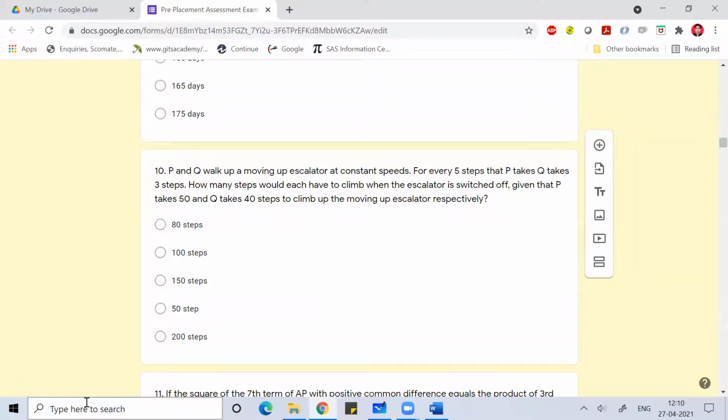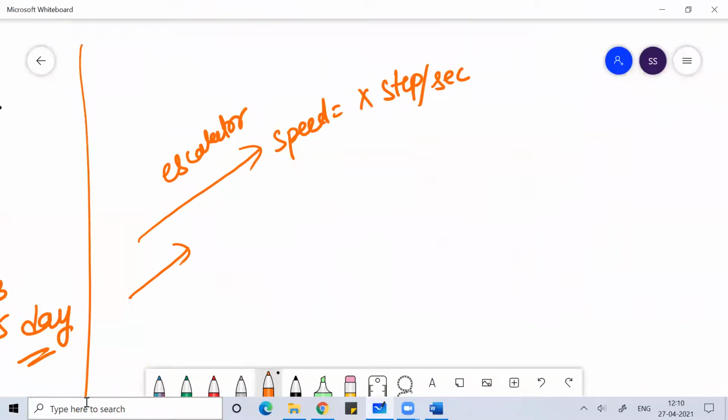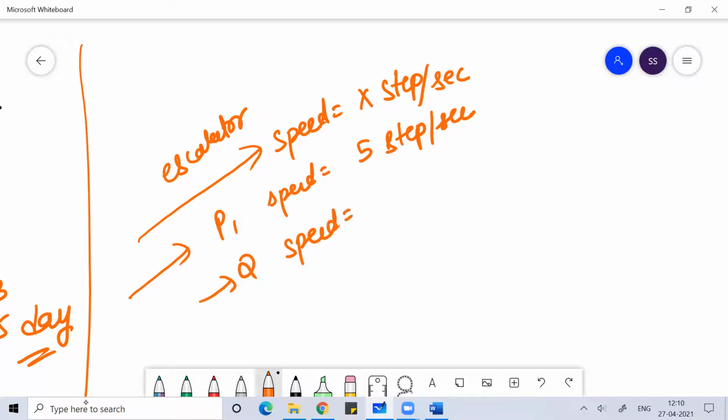For every 5 steps of P, Q takes 3 steps. If we're talking about the speed, let the speed of P be 5 steps per second, and the speed of Q would be 3 steps per second. So for every 5 steps of P, Q takes 3 steps.